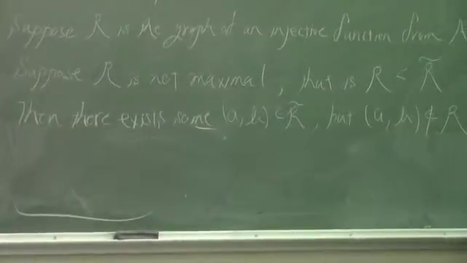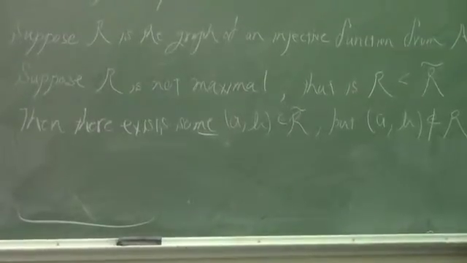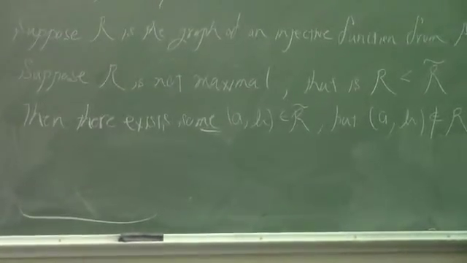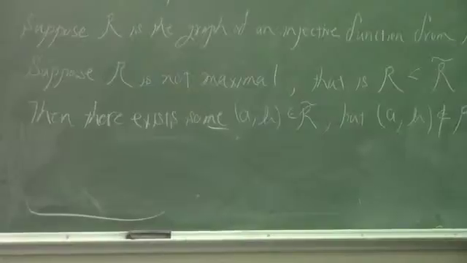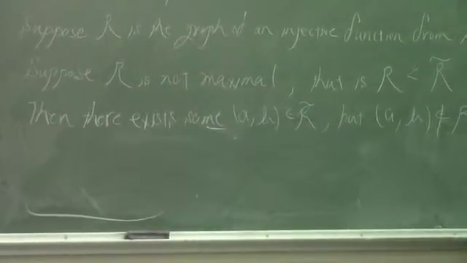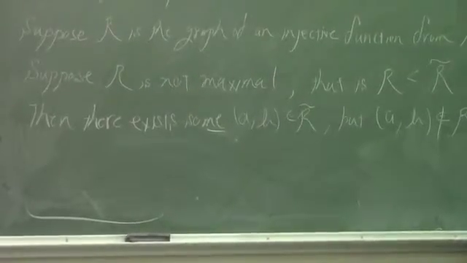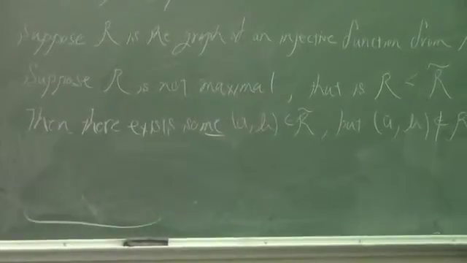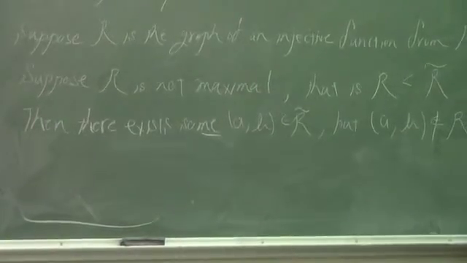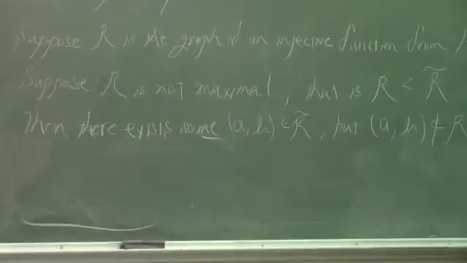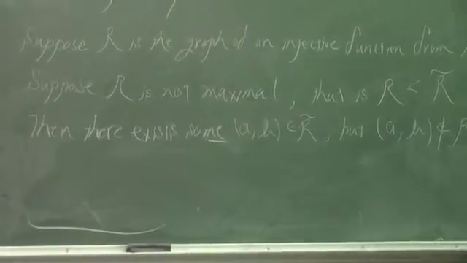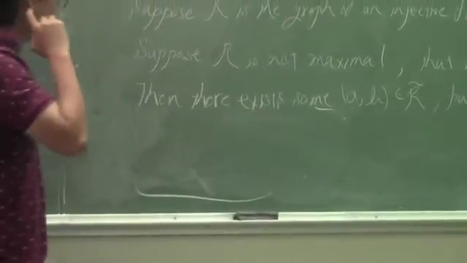But R was already the graph of the function. So there must be (a, b prime) in R, right?